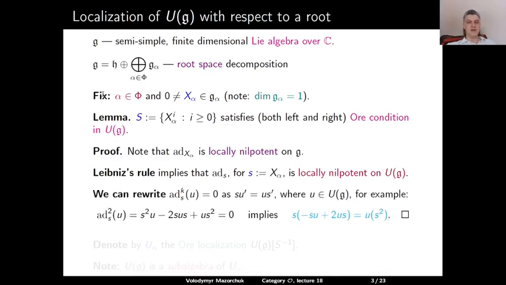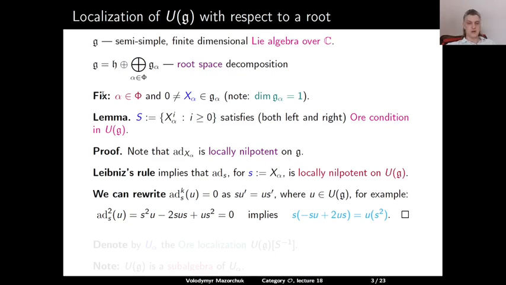Now, given an element u in U of g, we can rewrite the identity that some power k of the adjoint element of x_alpha applied to u is equal to 0 in the form that x_alpha times some element u' is equal to u times some element s', exactly as requested by the Ore condition.